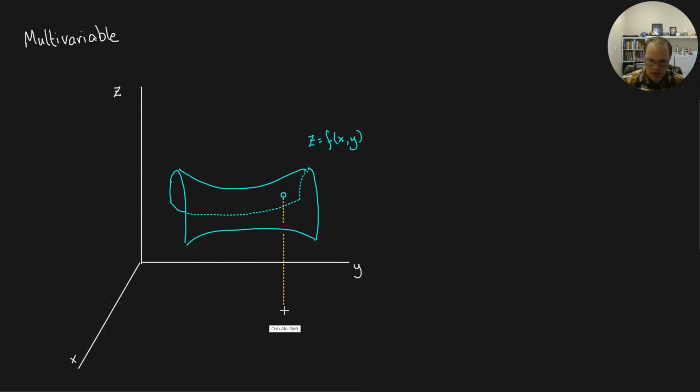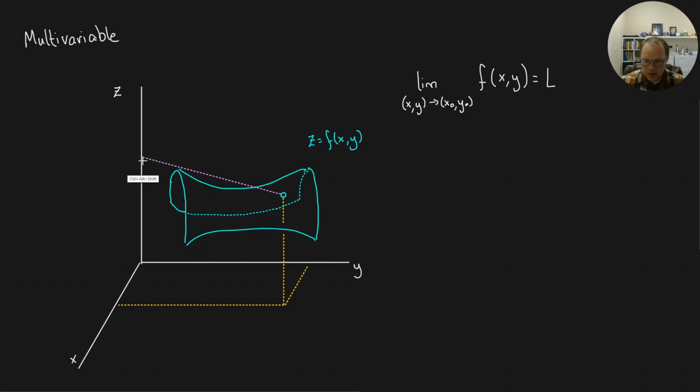And so I want to know if I let x and y both approach that value. Okay, so let's say the point is at x naught, y naught. So if we look at the limit as x and y both approach the x and y values of the point, then we say the limit equals L if as we get close, the function value approaches that limiting value L.